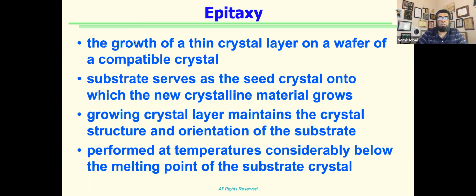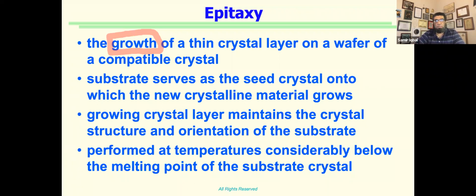What we are doing is, if we already have a wafer, we are growing another crystalline material on top of that, right? So it makes our life much easier, because you don't always have to go back and buy a new wafer. If you have a wafer, you can grow different materials on top of that. And the process is called epitaxial growth, or in short, we call it epi or epitaxy.